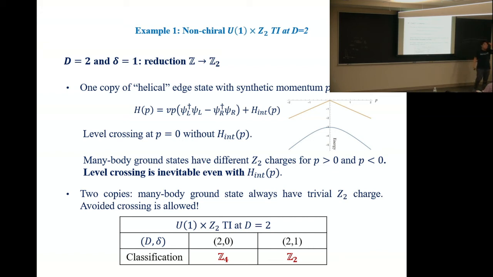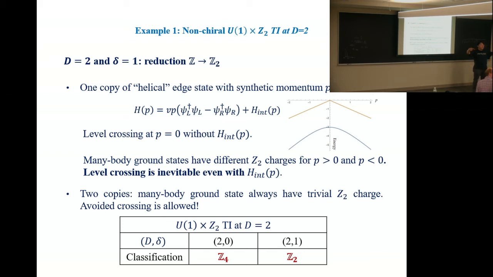So you started with two counterpropagating 1D physical systems, right, with different Z2 charge. Well, when there is a synthetic dimension, it becomes a zero-dimensional quantum mechanical problem, because I just solved the Hamiltonian for every P. Yeah, but what I'm asking is, this entire system is a 1D system. Yeah, it's a gapped 1D system.